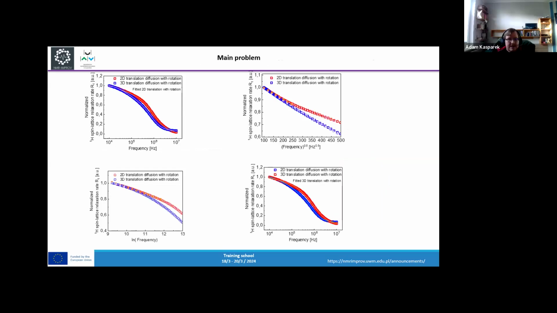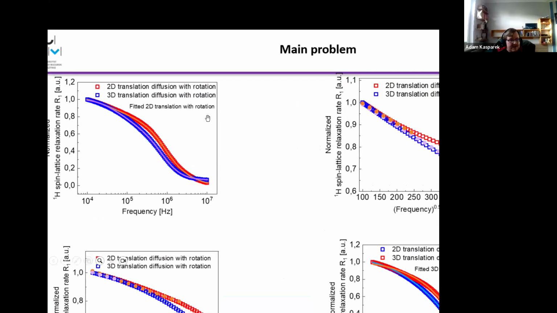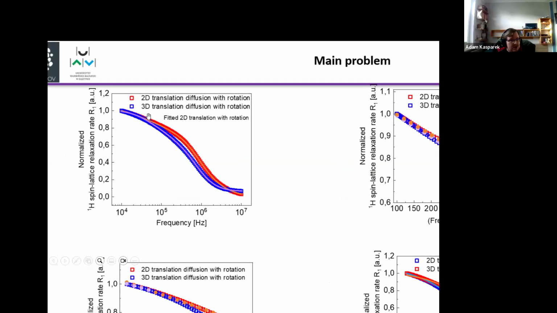But here I have generated some data using the spectral density. To be clear, they are just artificial and generated. Here we have a case of just 2D translation.